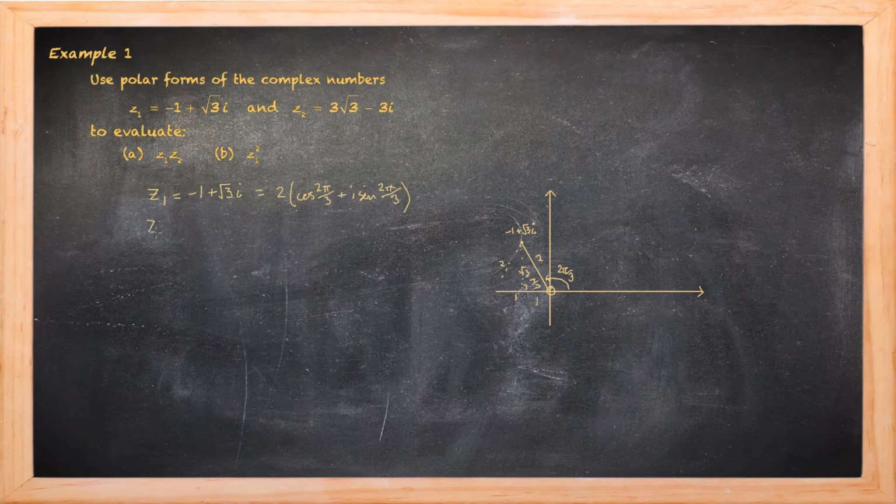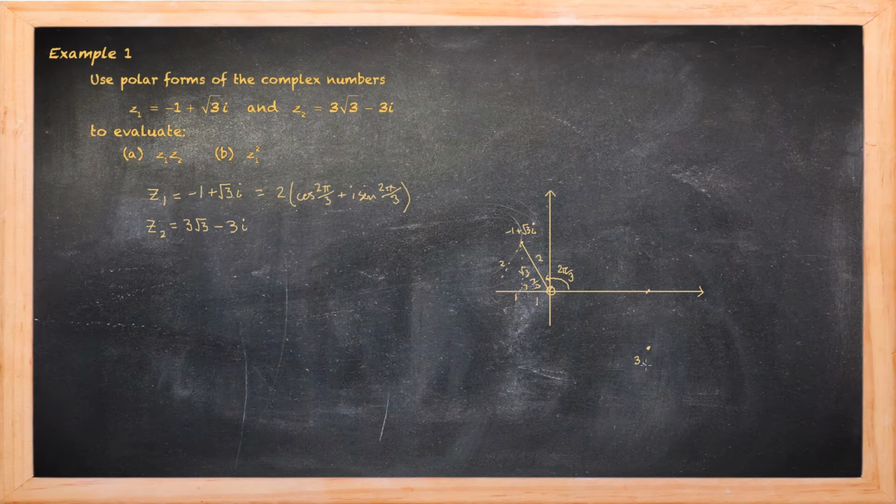Now we'll tackle z2, 3 root 3 minus 3i. So we go along 3 lots of root 3. Root 3 is about 1.7. Down 3.